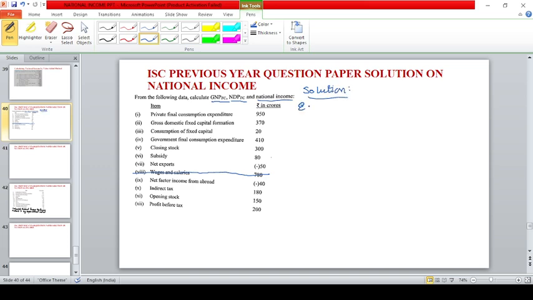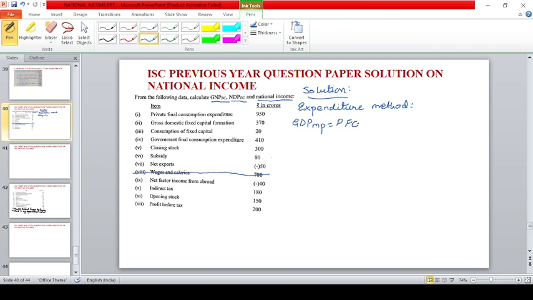Now what method are we going to use? We are going to use the expenditure method. As we know, when we use the expenditure method, we first calculate GDPMP. Now what are the components of GDPMP?